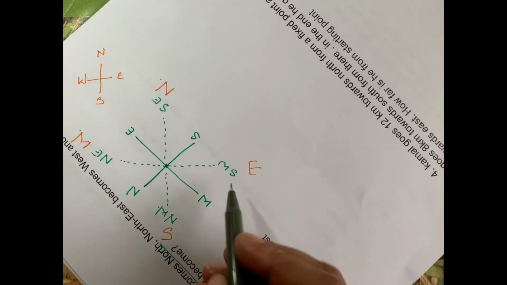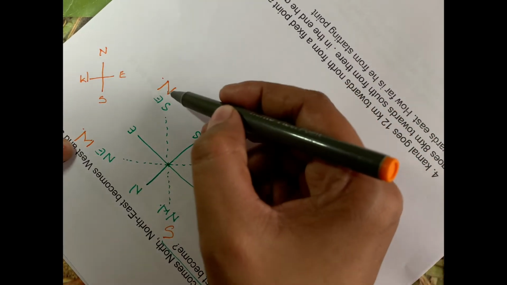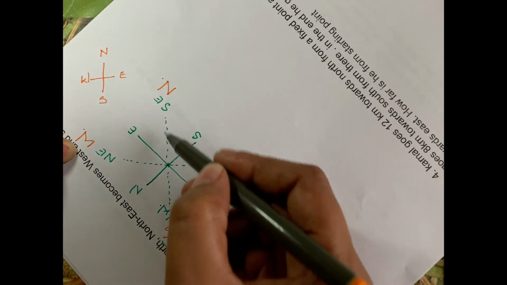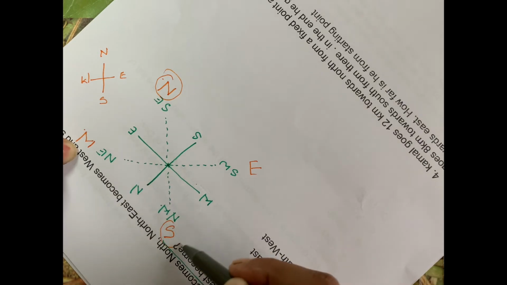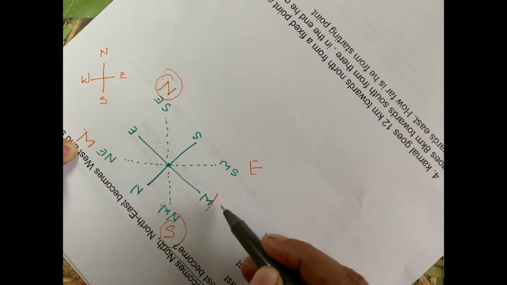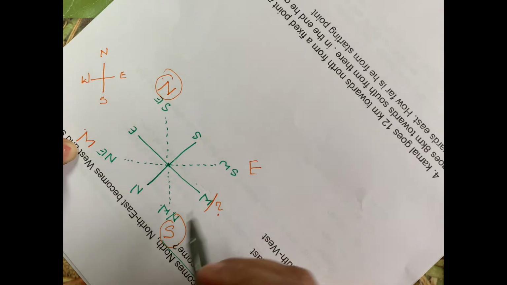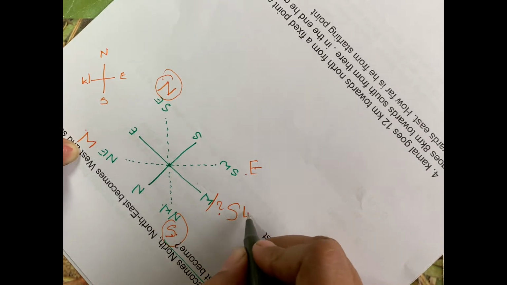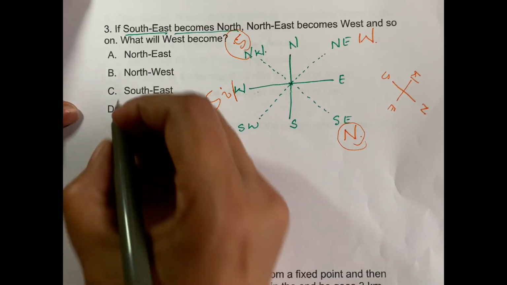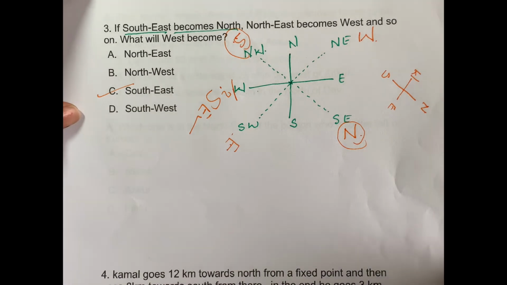Where is the previous west? Previous west is here. So now we have new directions here. According to the new directions, north is here and south is here. So the old west is here. They are asking this. So this should be southeast. It is between south and east. So the answer is southeast. Here is the answer. Okay. Next question.